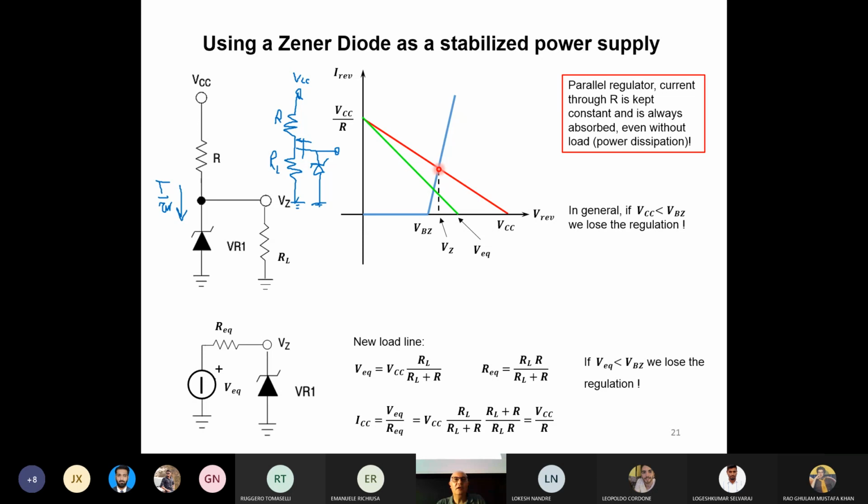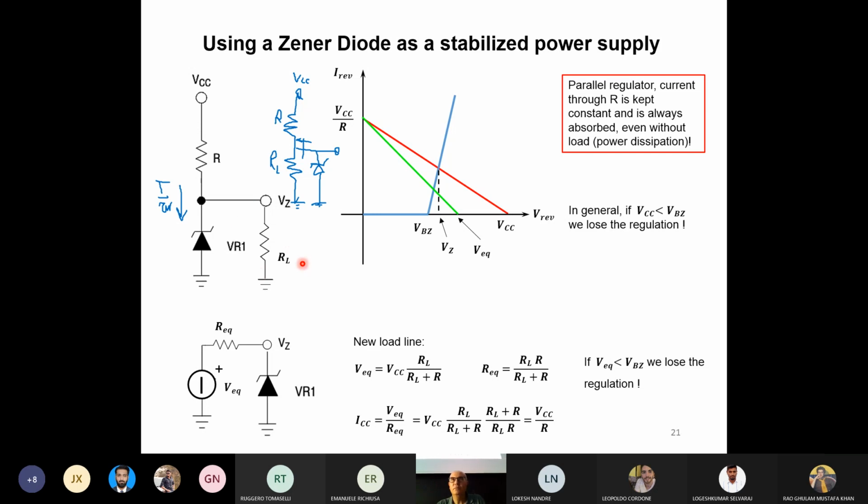Basically, if you try to draw that current from the load, what will happen is that you are taking all the current, you are not sending any current to the Zener diode, and so the diode comes out of the breakdown region. So more or less, the maximum current that you can draw from this circuit is the bias current of the Zener diode when there is no load. The bias current of the Zener diode when you have no load.